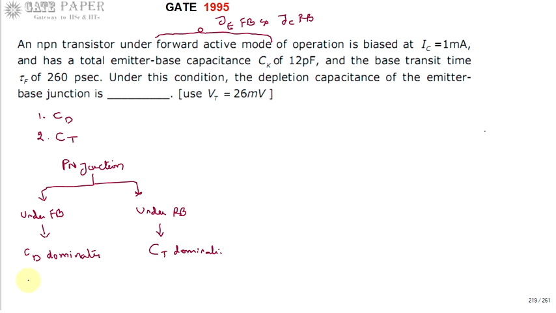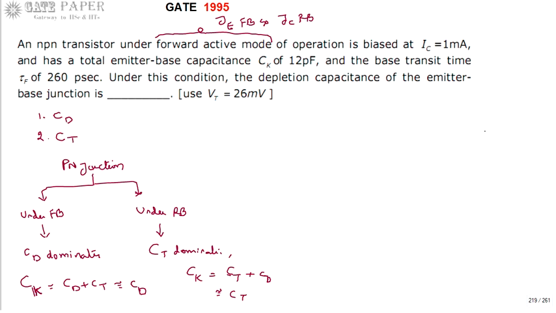So if you assume the total capacitance as CK, then it is CD plus CT, which is approximately equal to CD in case of forward bias, and in case of reverse bias CK is equal to CT plus CD, which is approximately equal to CT itself. So that is the meaning. In reverse bias transition capacitance dominates, in forward bias diffusion capacitance dominates.